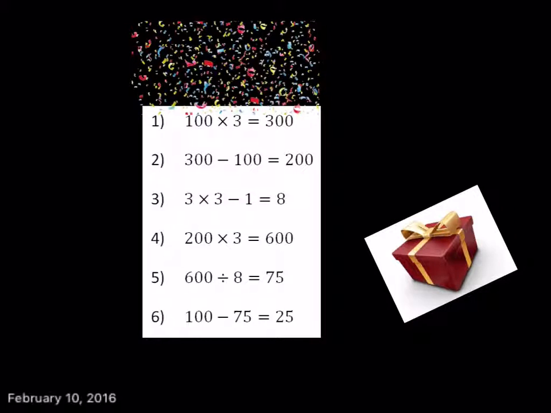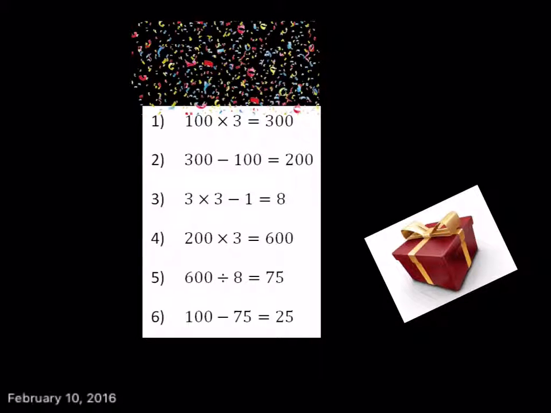Meaning that every time you change one child to one adult, you get 8 children's value because you just changed it. So that is why 3 times 3, which equals 9, because 9 children equal 1 adult, minus 1, because 1 adult to 1 child. That means we get 8 children's value.